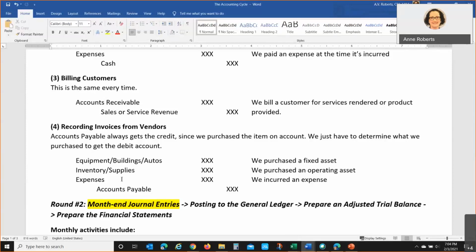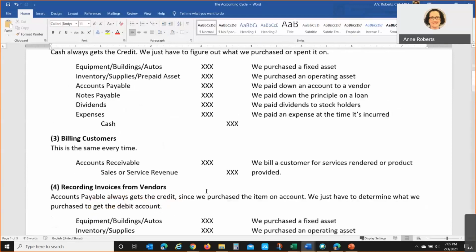We either wrote a check for supplies, or the customer billed us for supplies.